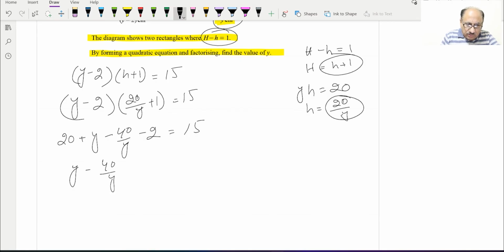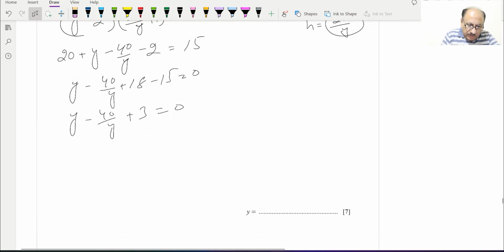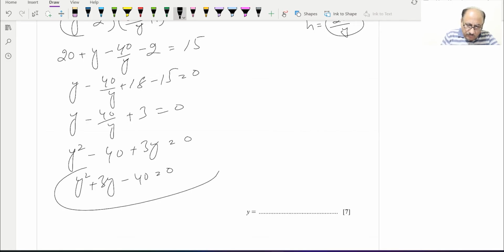So this will be 18 minus 15 is equal to 0. So y minus 40 over y plus 3 is equal to 0. Now we can multiply everything by y. So this will be y square minus 40 plus 3y is equal to 0. So y square plus 3y minus 40 is equal to 0.